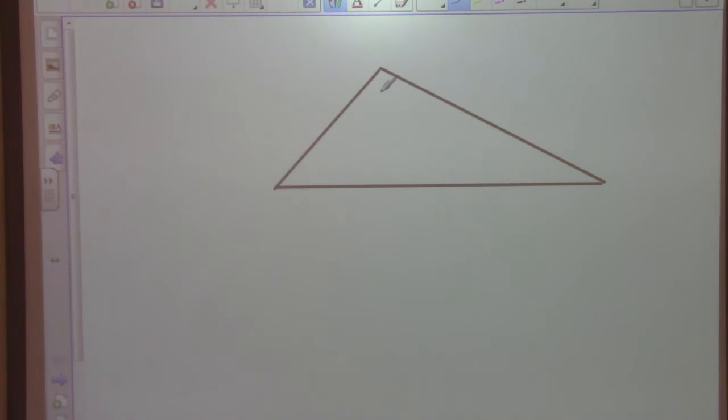We're going to say this angle here is 100 degrees. So that's going to be 100 degrees right here. This angle here is going to be 50 and 30.